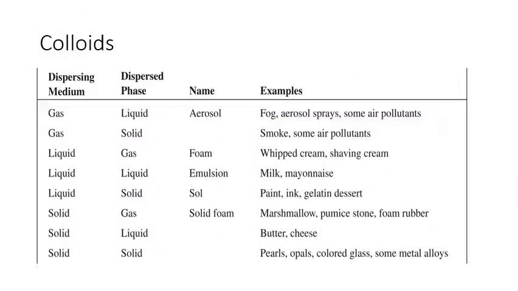And these are just some different examples of colloids that you may have seen. Just like a solution, colloids can be in any phase. You can have solids, liquids, or gases. So the dispersing medium versus the dispersed phase, this is the equivalent of the solvent.